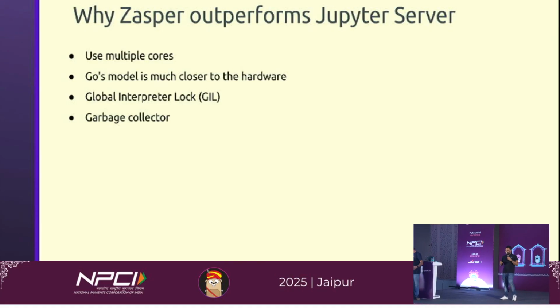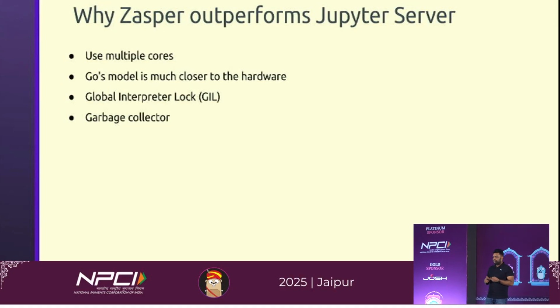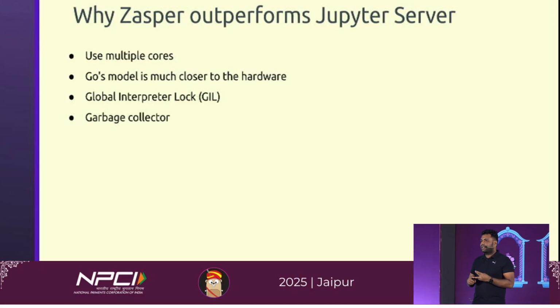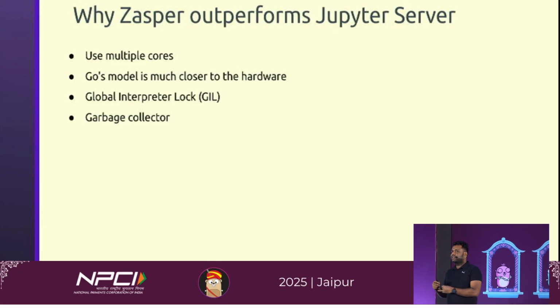Okay. Why does Jasper outperform Jupyter Server? We can effectively use multiple cores with the help of Go. Go's model is much closer to the hardware. Python has a GIL, and right now they have introduced an experimental way of losing the GIL, but still, let's see.